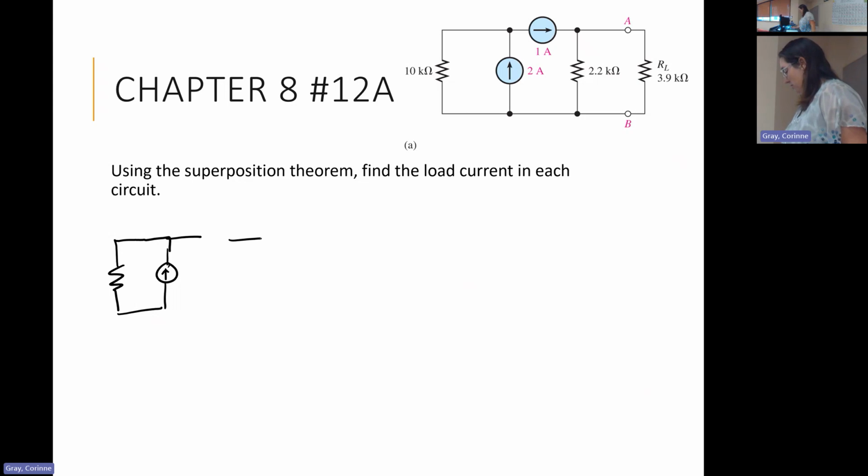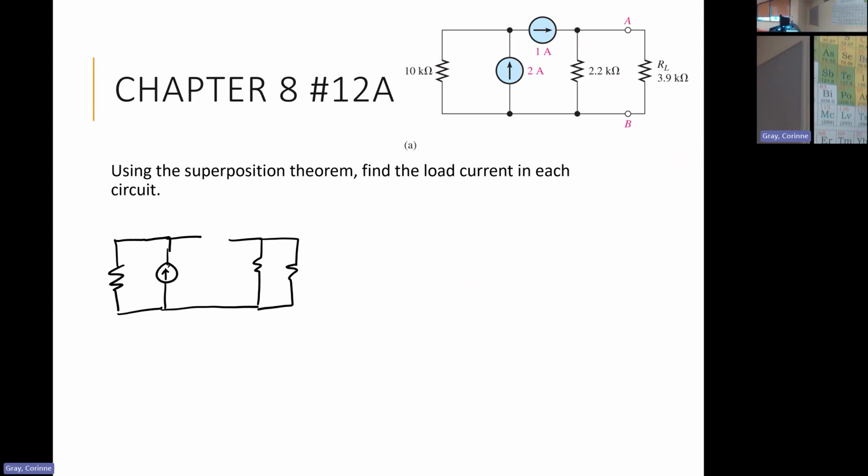It's going to look like this. So this is now what we have. We are looking at the situation where we have this 2 amp source. Now we will have to look at the 1 amp source after this.